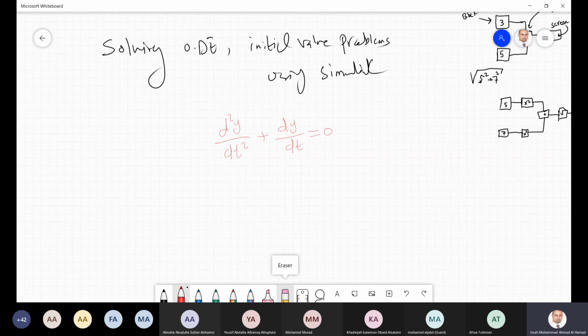And I have initial conditions. Y prime of 0 equals minus 0.5, and y of 0 equals 3. So these are initial conditions.